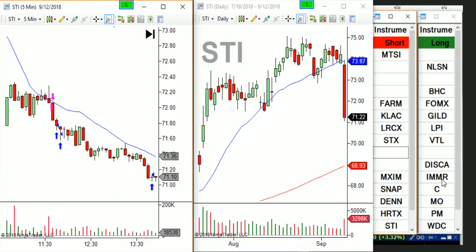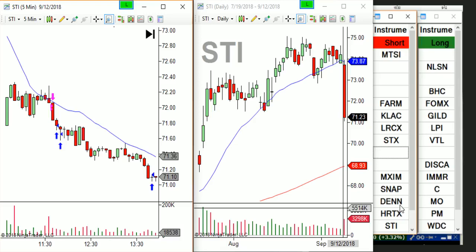That's where we got the IMMR from. And then from additional gaps, I scanned for gap berries, gap bullies, which is where we got the WDC from, and a couple others. And then after that, I scanned for relative strength, relative weakness. If it has a picture of power on the daily chart like the STI, it ends up on the list, which you can see down here.